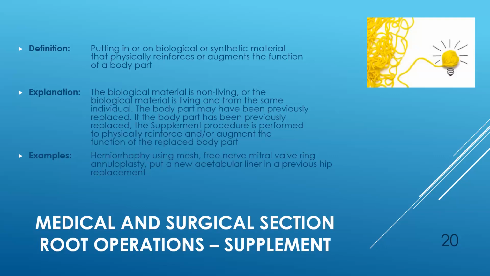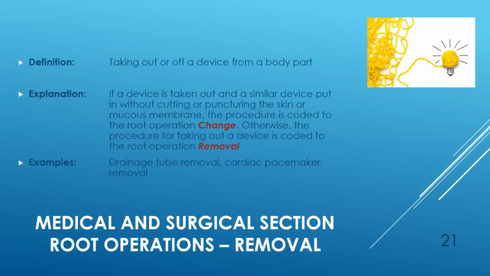So they go in and replace the liner, supplementing that area to strengthen and reinforce it without removing the entire hip replacement, the entire joint replacement, not a total replacement, just the liner.